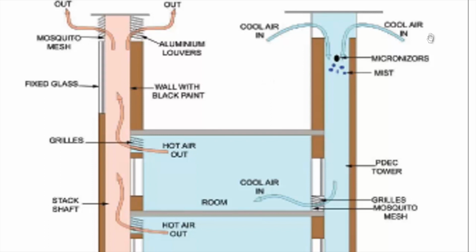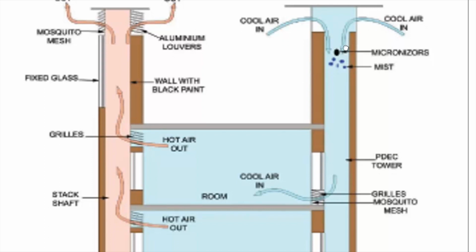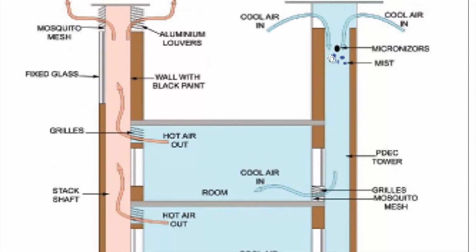Here you can see that there is some movement happening. Cool air comes in, there are micronizers or mist forming devices. They spray some kind of water here, and the air through these grills moves inside the building.